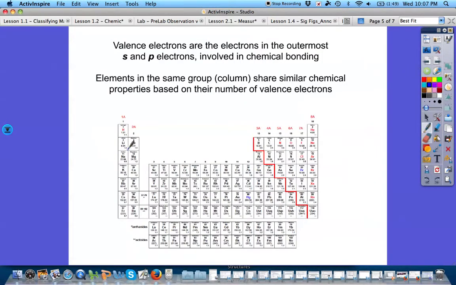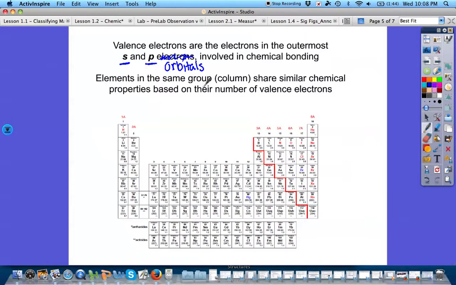So for electron dot structures, valence electrons are the electrons in the outermost S and P orbitals that are involved with chemical bonding.